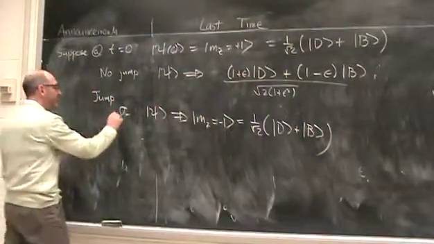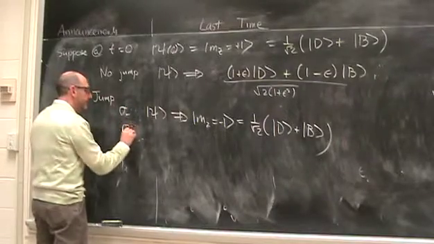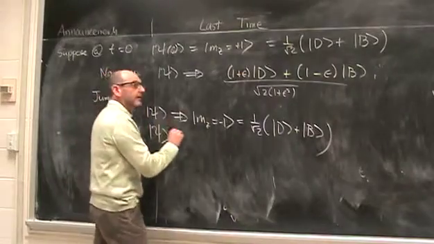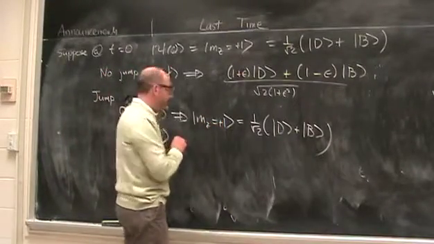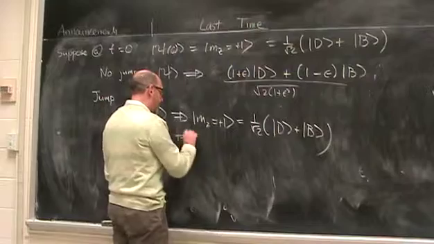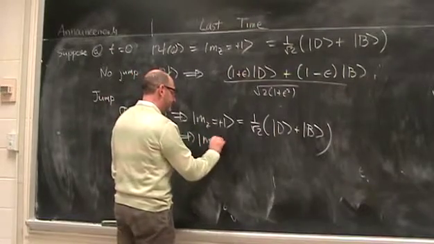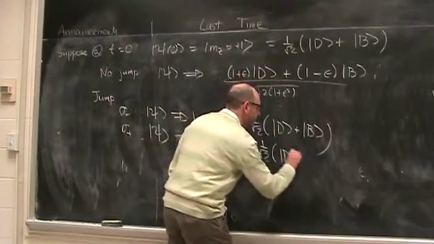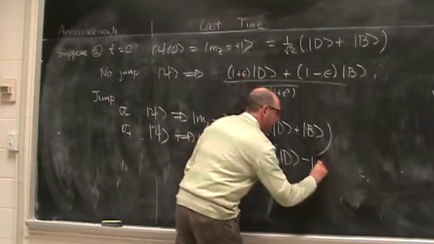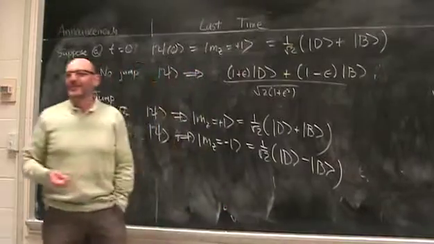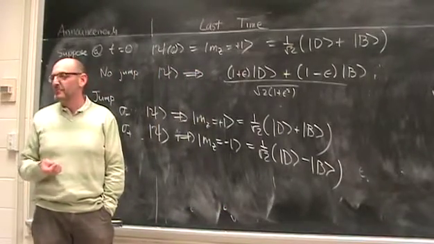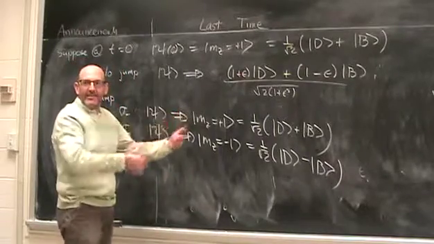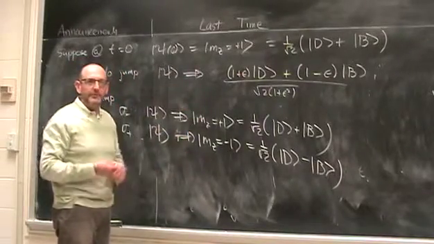If I spontaneously emit a sigma plus photon, then I go to the minus one, and then I'm in the other superposition. But in either case, I'm 50-50 bright and dark. And then I'll go to the next case and say jump, no jump, jump, no jump.